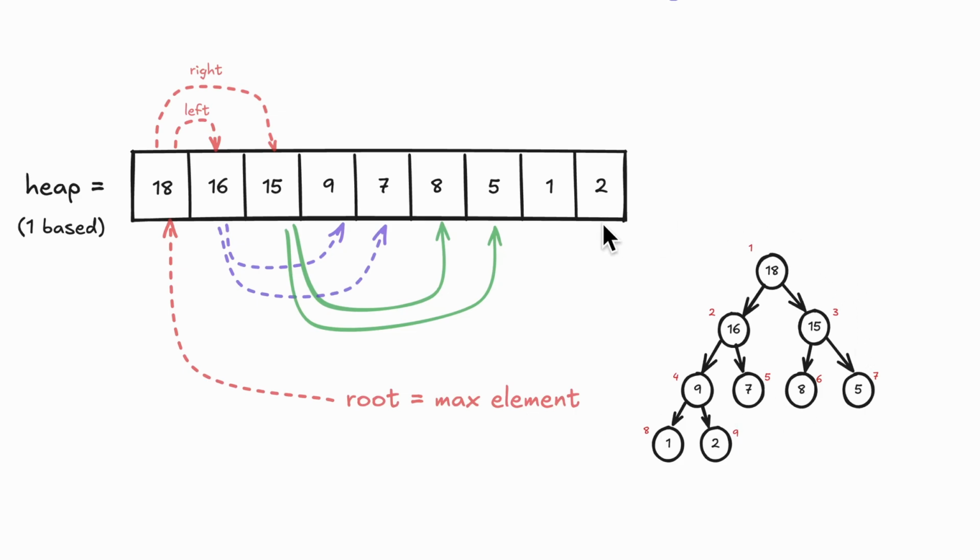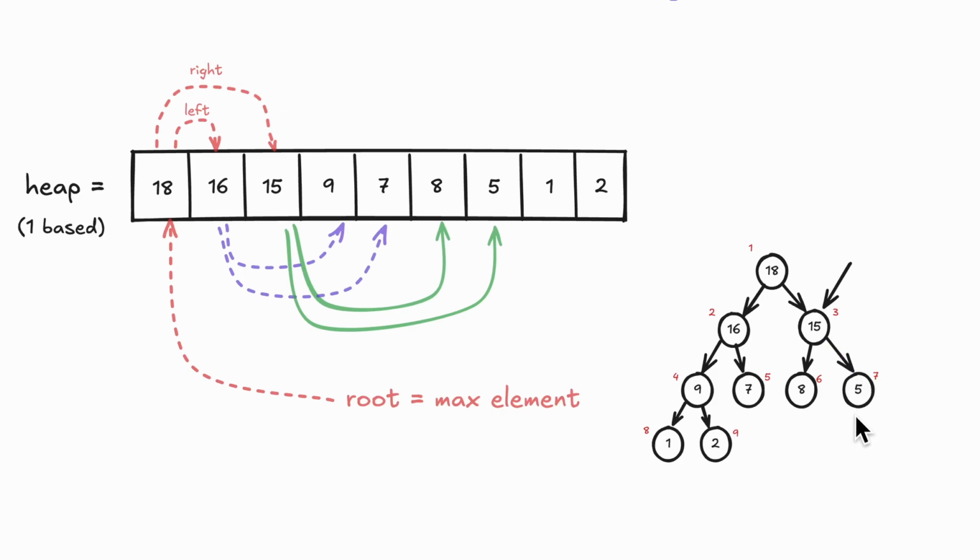And the most important part is, let's say I am standing at this node, which is 15. Now if I want to go to the left of this node, I'll make use of this pointer and reach the node 8, right? And if I wanted to go to the right of this node, then I will make use of this pointer and reach the node with value 5, isn't it?